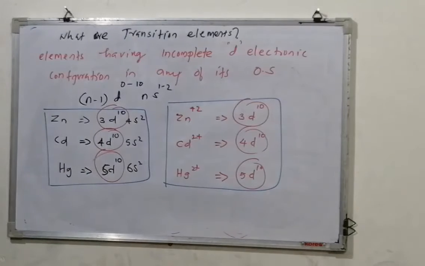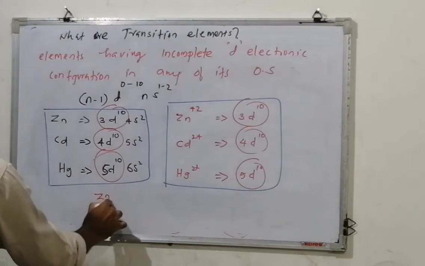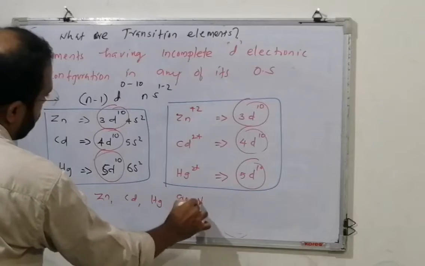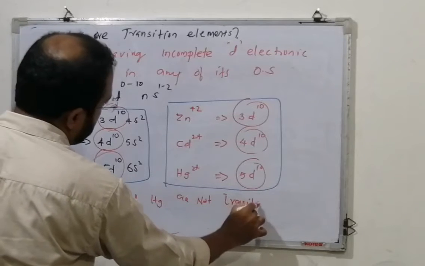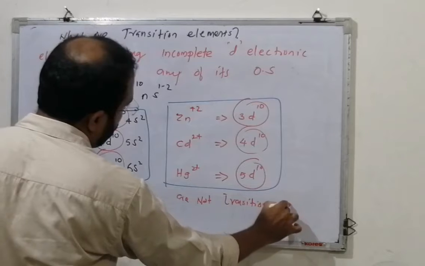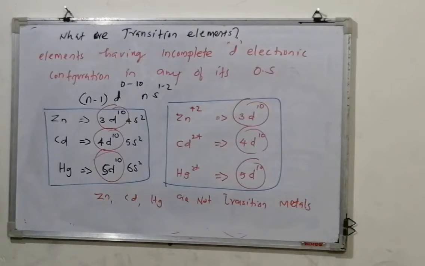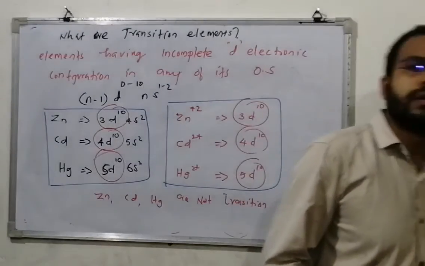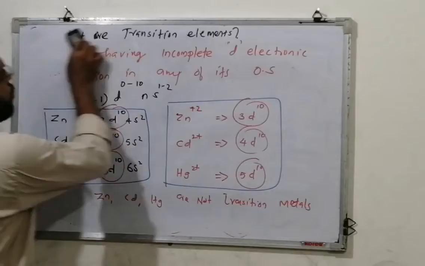Therefore, by definition, zinc, cadmium, mercury are not transition metals or transition elements. They are not transition elements by definition. By properties also, when we discuss the property, you will see that they are not transition elements.